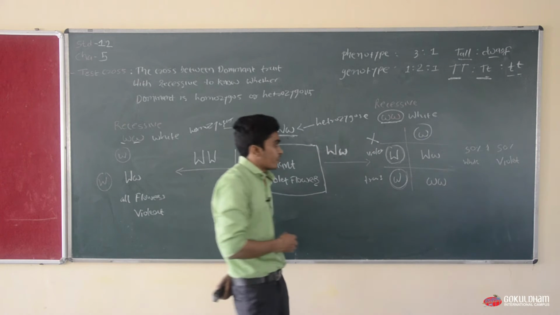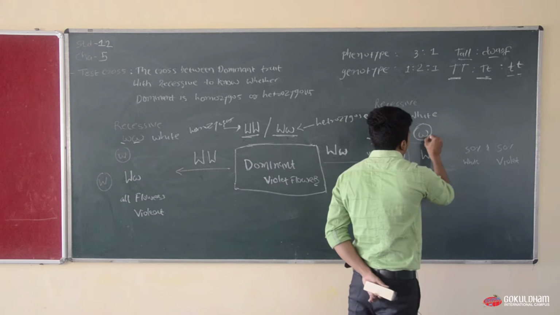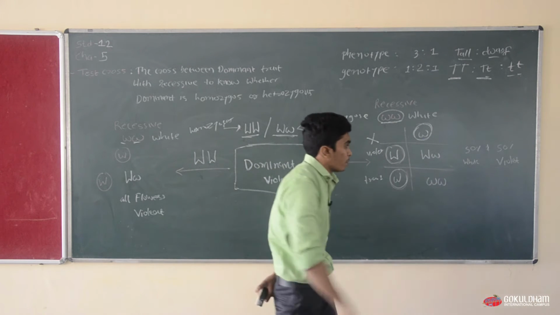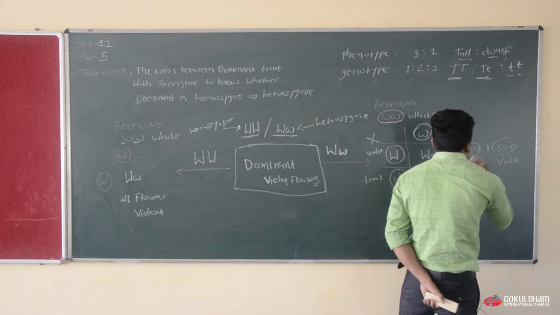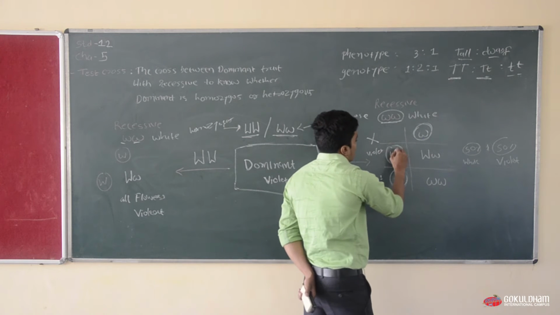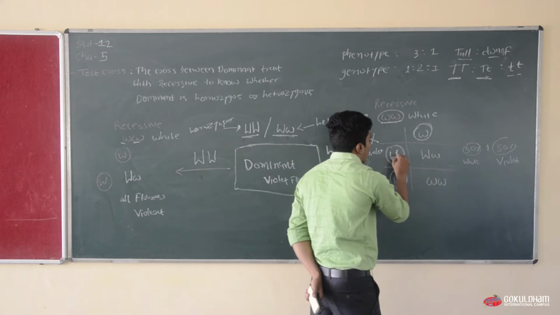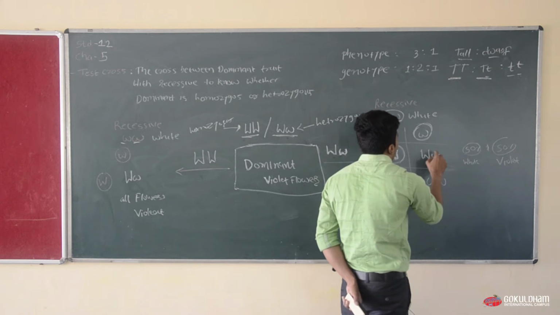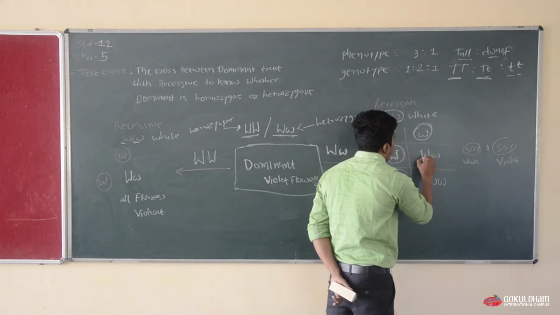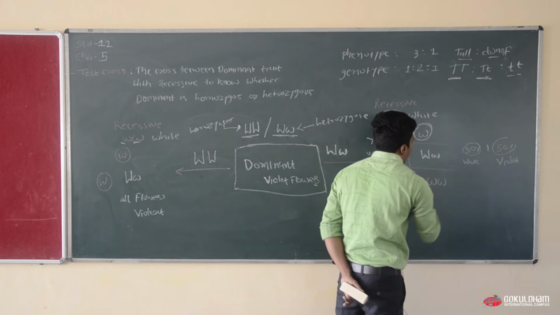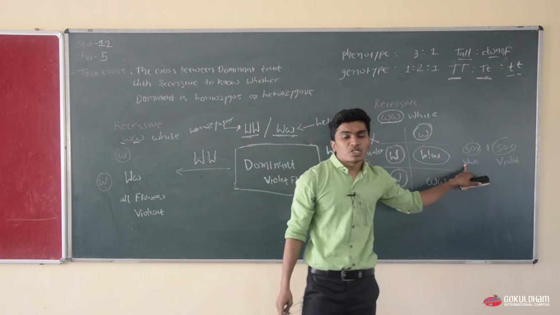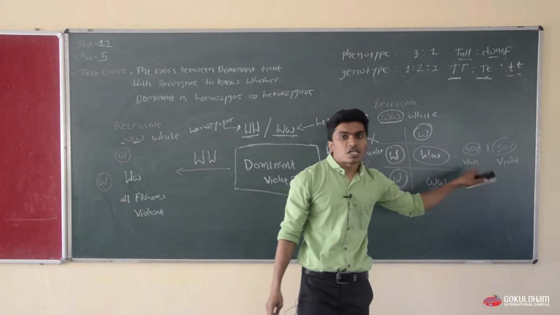Let's cross between them. In the zygotic condition, we will get two different kinds of flowers: 50% of flowers will have violet color and 50% will have white color. Let's see here. This is the capital W and this is the small w. Here we first write this W and then we write this small w. What will we get here? A heterozygous dominant, which is responsible for formation of violet color flowers.